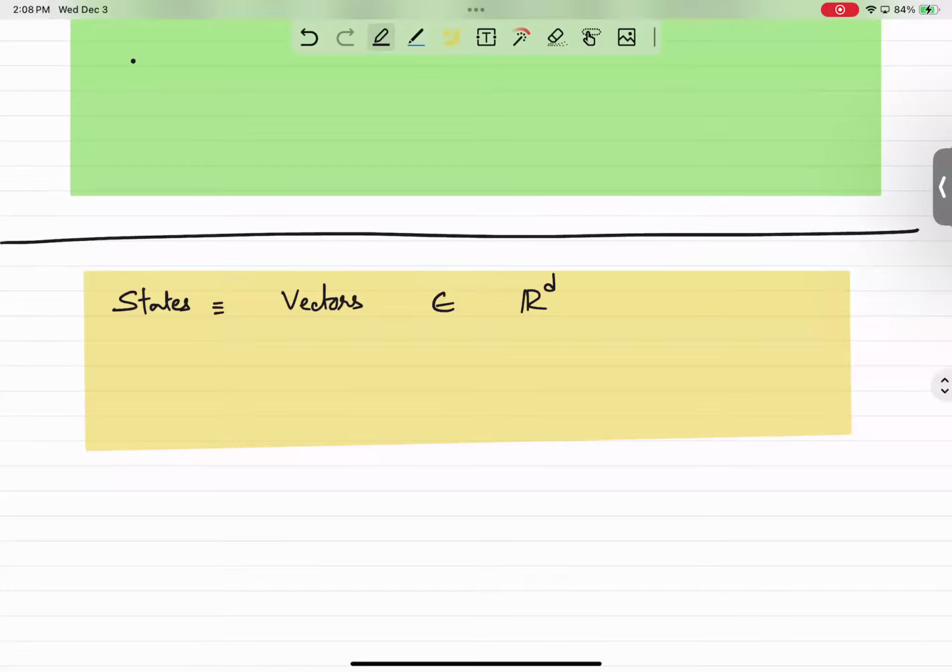And from now on, whenever you think of vectors, you should think of writing them in this ket notation.